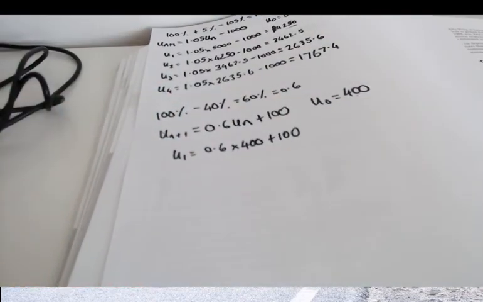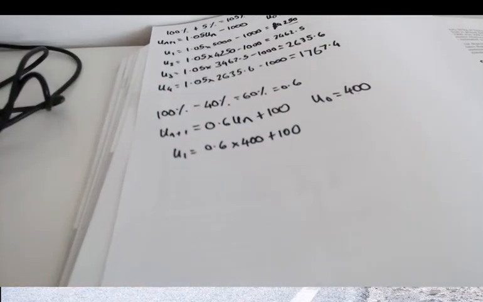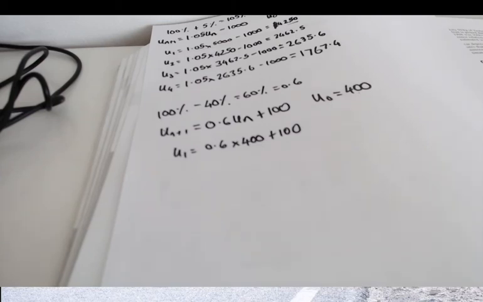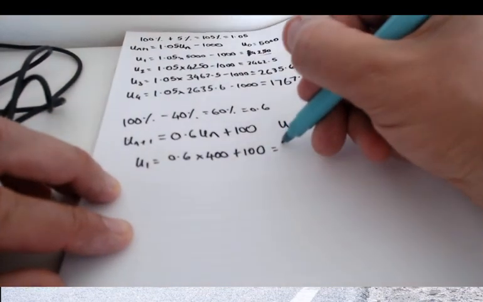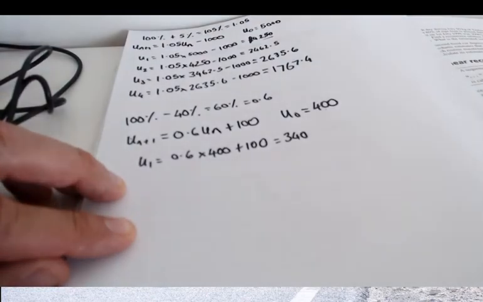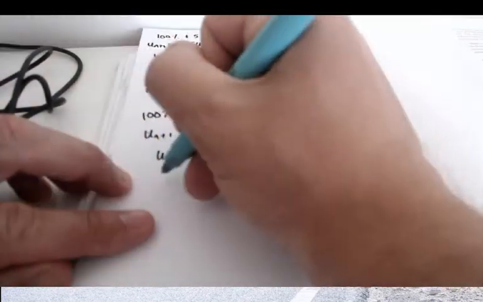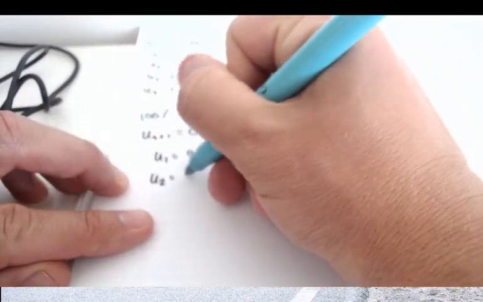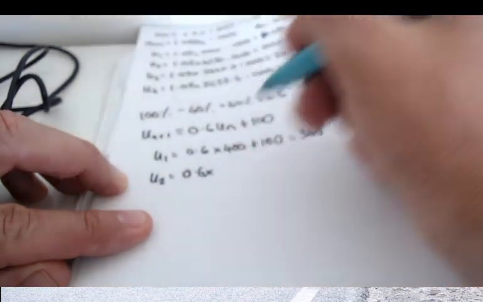Remember, if you want to do this the fast method on your calculator, you're going to have to type in 400 and hit equals, times 0.6, add 100, hit equals. You should have 340.